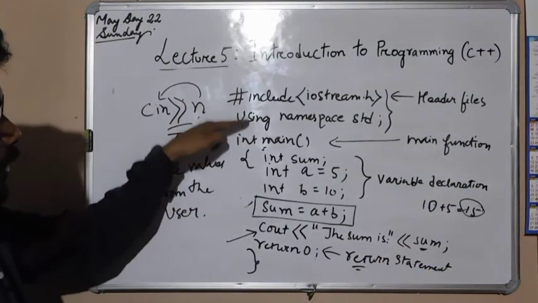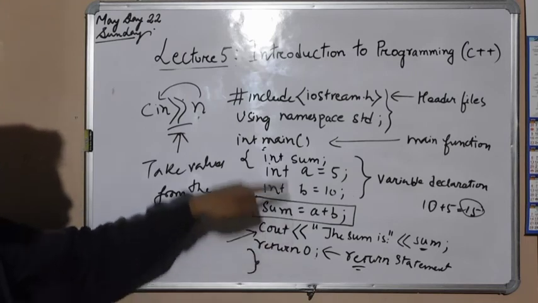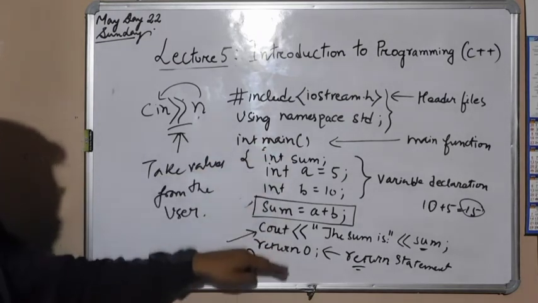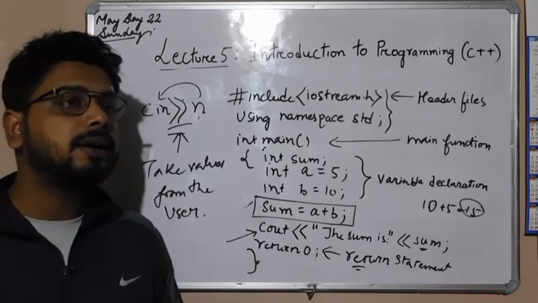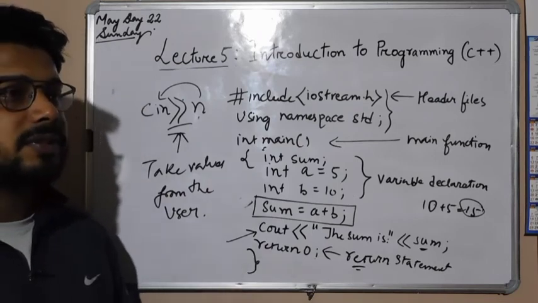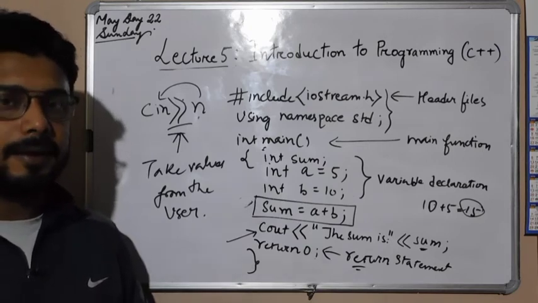See, whenever this program gets executed, at last return 0 is written so that it can indicate to the main function that okay, the program has executed successfully. You can compare it to the delivery confirmation of a text message. See, whenever you send a text message to your friend, when your friend has received it, you get a confirmation, right?